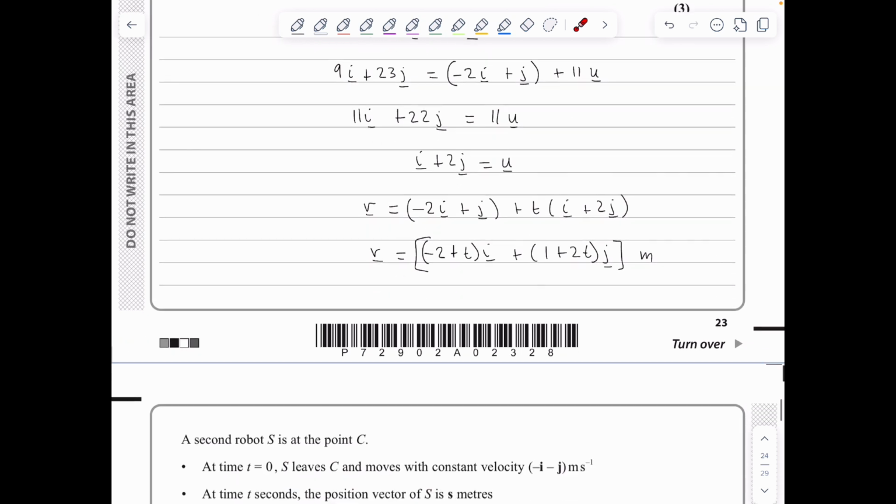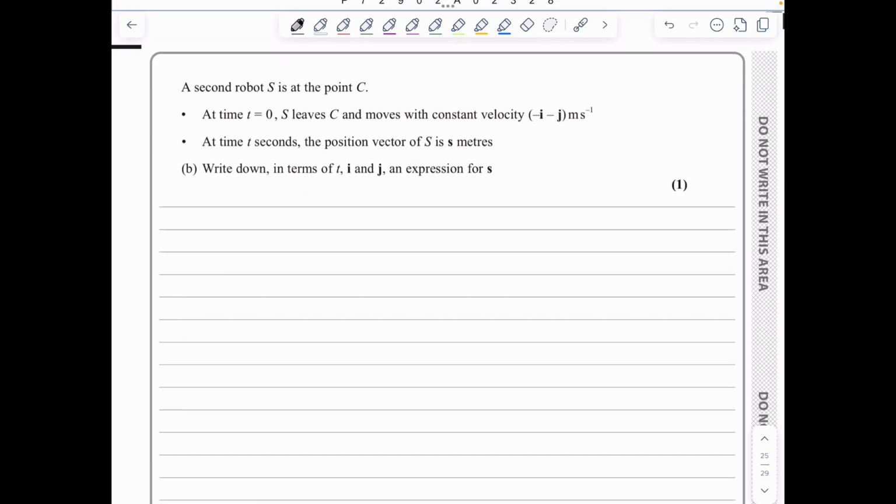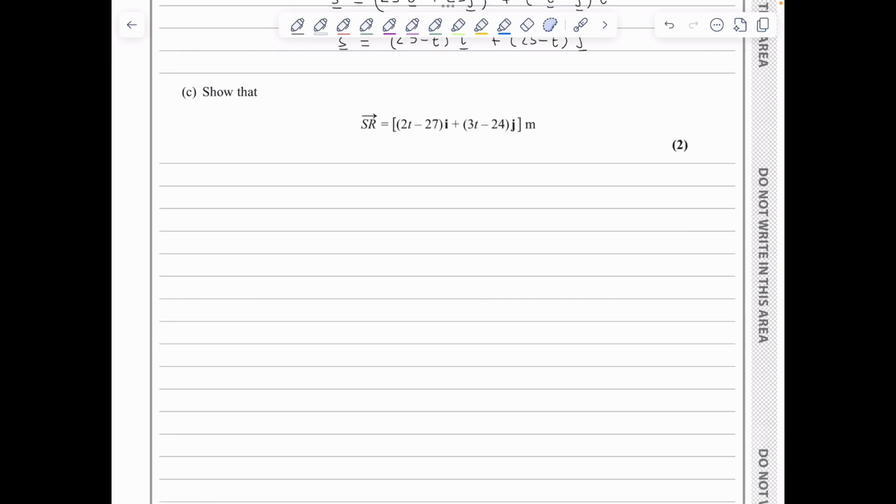So we can easily conclude that the position vector S is given by the initial position vector of 25i plus 25j plus the velocity of negative i, negative j times t. So we're looking at S being 25 minus t, and that's the i component, plus 25 minus t, which is the j component.